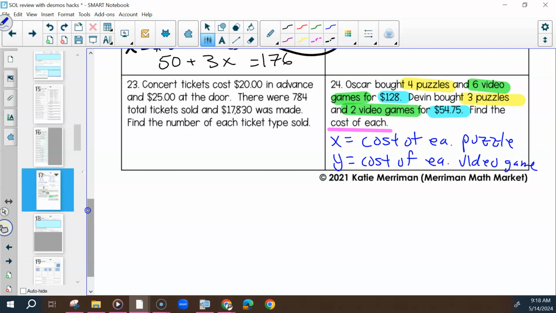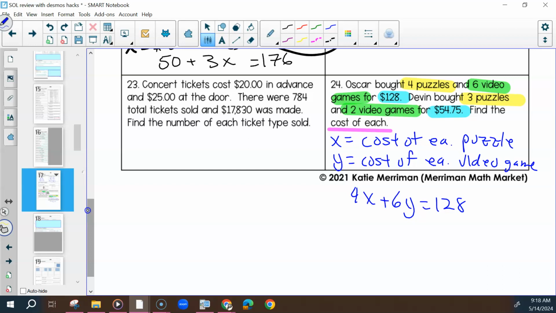You have 6 numbers. Each of them will be used. We have 1 that's going to be in the first sentence: 4x plus 6y equals 128.